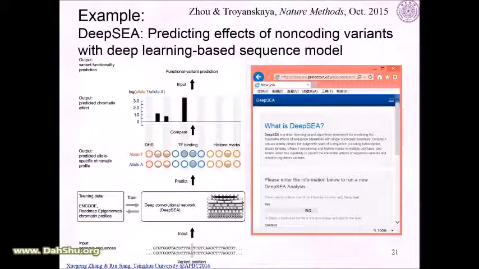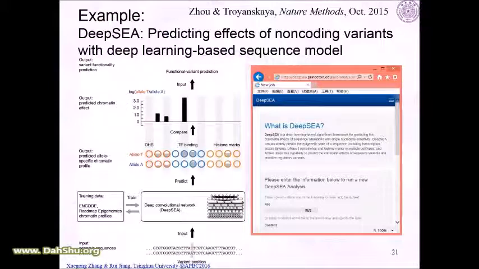If you apply a sequence to their trained model, they can give you a score about the DHS, the DNA hypersensitive sites, and TF binding motif or histone markers in this sequence.